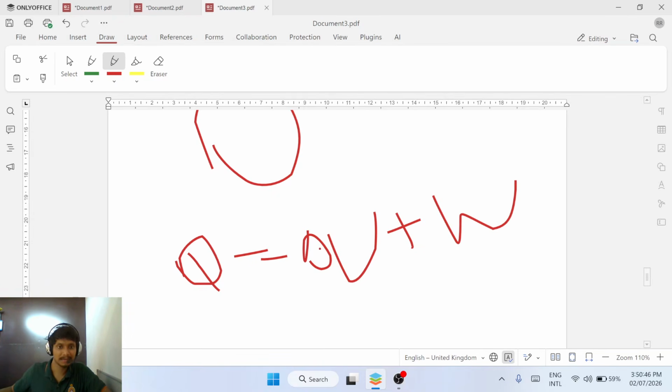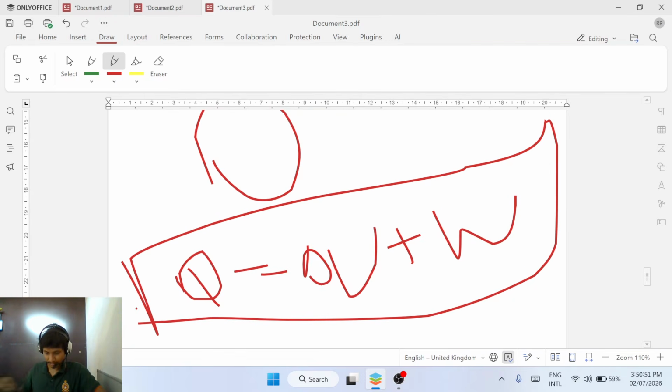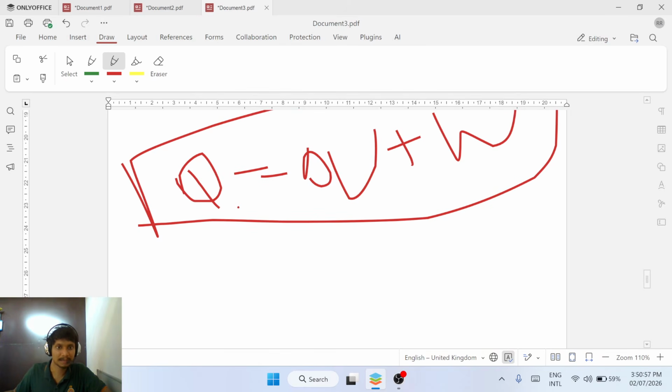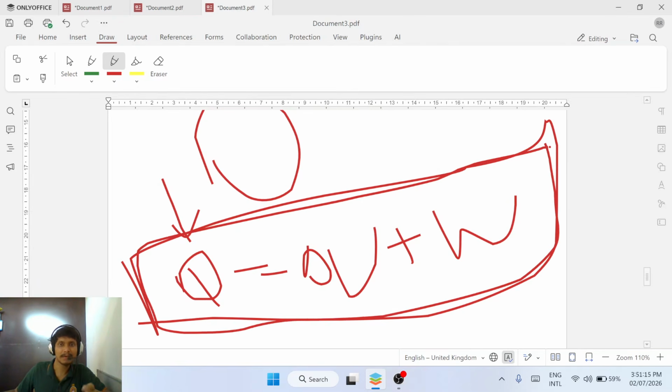For example, in the non-flow energy equation, we derive this equation from the first law of thermodynamics. This equation is used for non-flow energy.